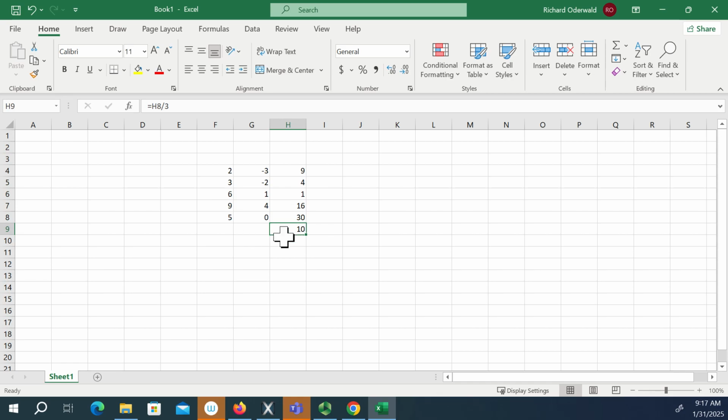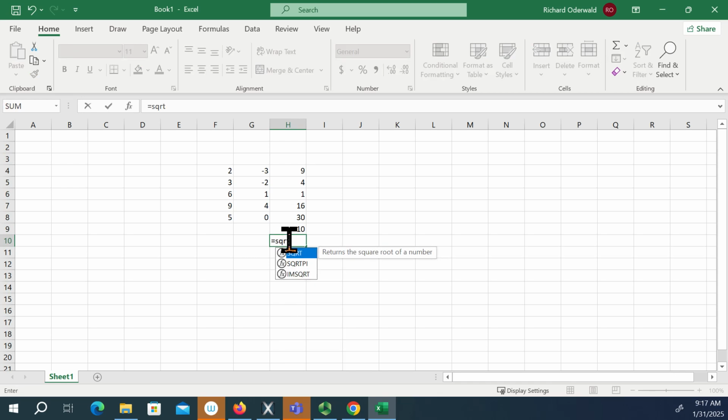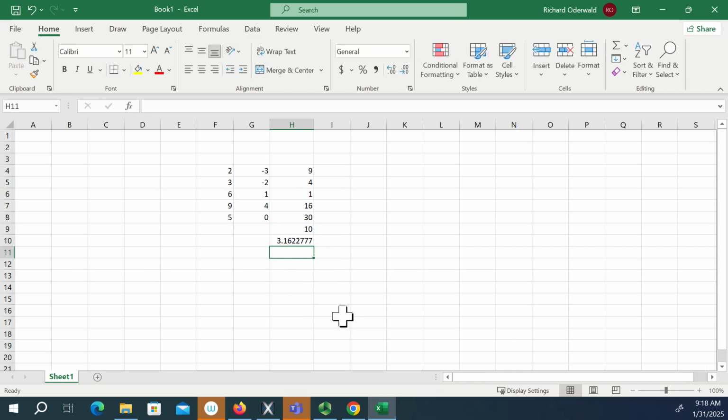And this is the standard deviation. Equals SQRT, that's square root in Excel. And Excel will give you more decimals than you ever needed.